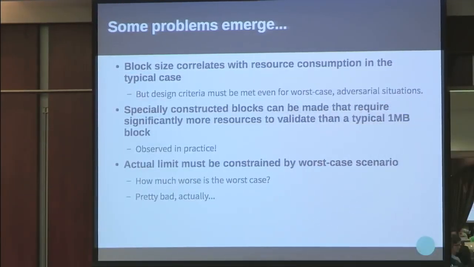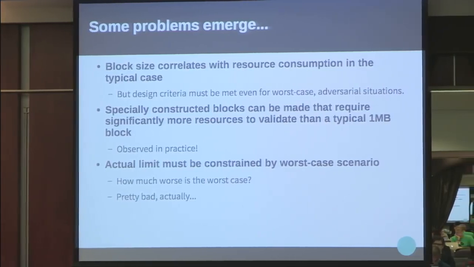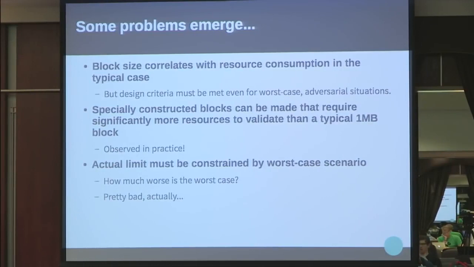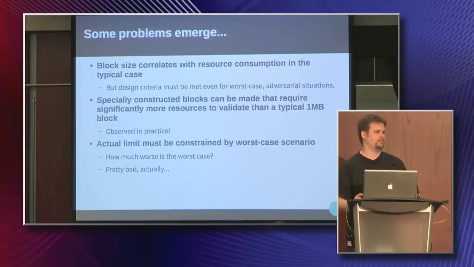And so when we say that the block limit is whatever you want it to be, 1 megabyte, 32 megabytes, a gigabyte, you want it to be the case that your typical 1 megabyte, 32 megabyte, whatever block is in fact the maximum, has the maximum resource utilization that one can expect.